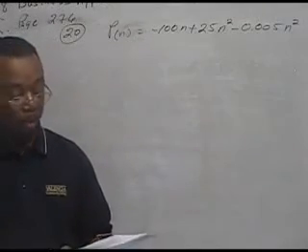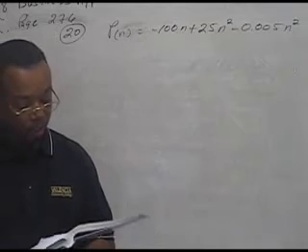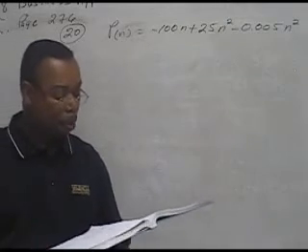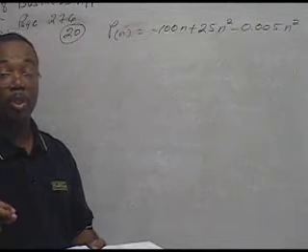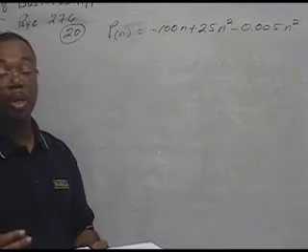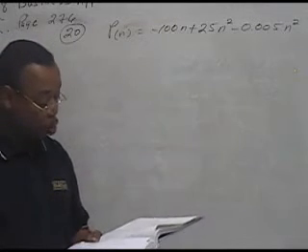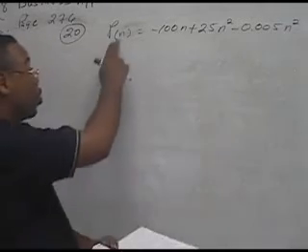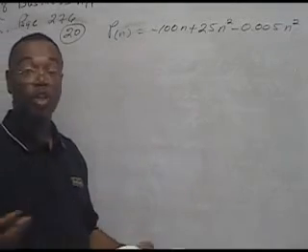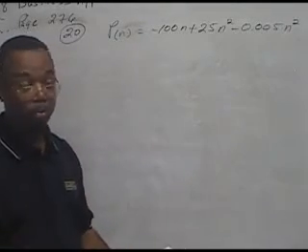Okay, now let's look at problem number 20. Number 20 is giving us a formula where the input n is the number of employees. And as you input the employees, the output will be the profit that you actually get. So as you input employees, you know what kind of profit you'll be making in this function.